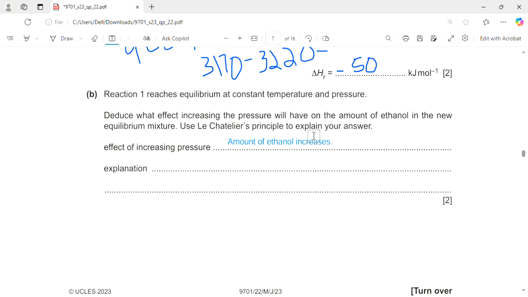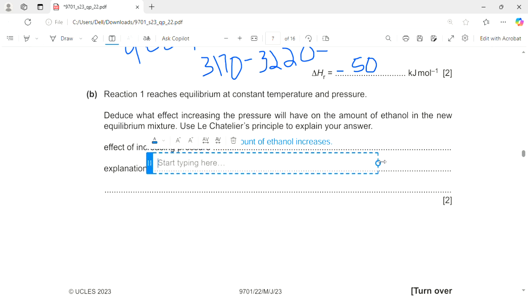We know the principle: equilibrium will shift to the right hand side.